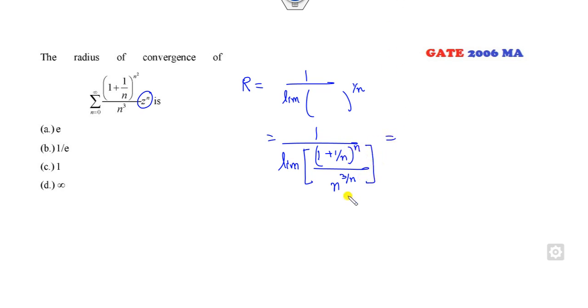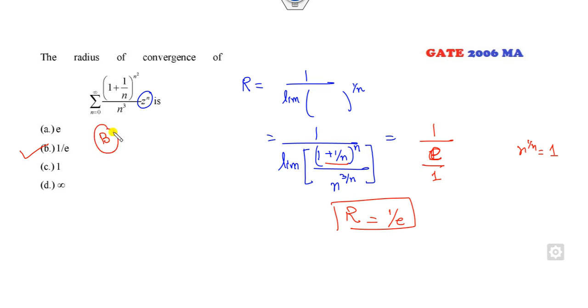So what is the limit of this? The denominator is 1 because n raised to power n is 1. This value will be e. So the answer is 1 over e, the radius of convergence. So B is the correct option.